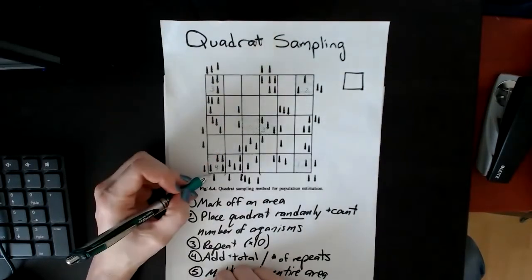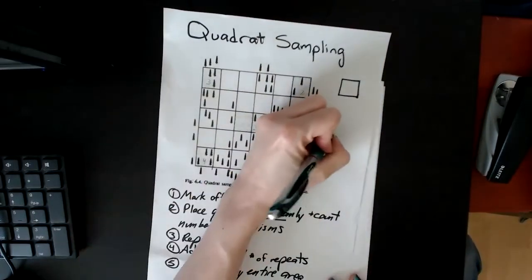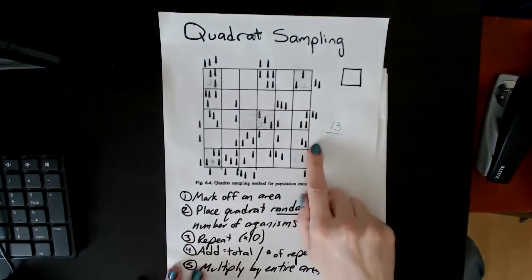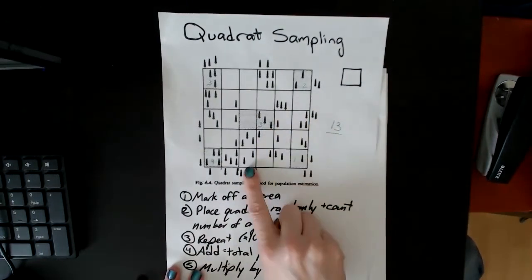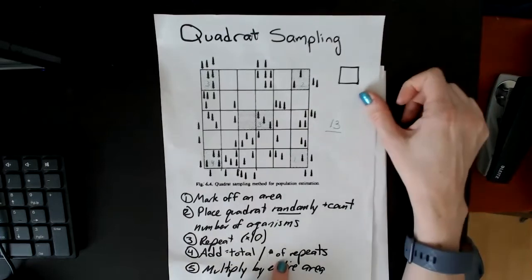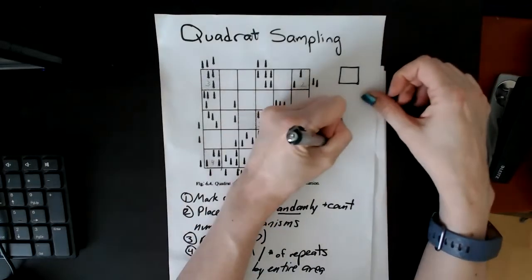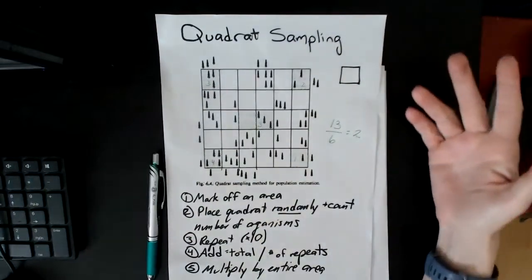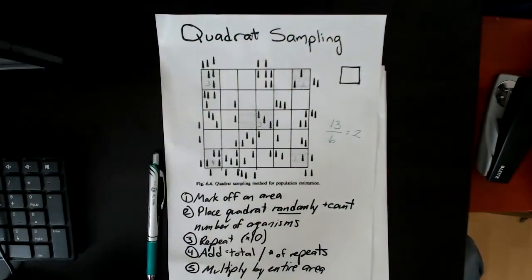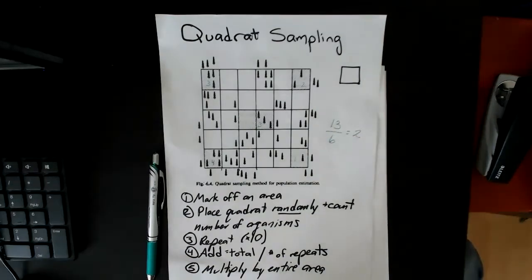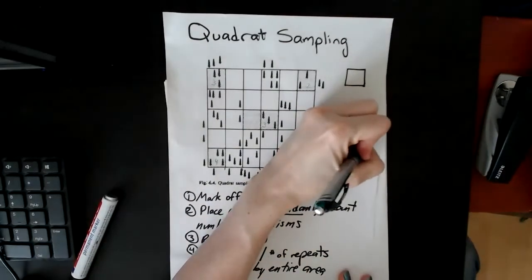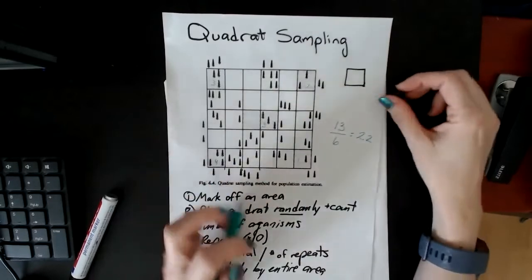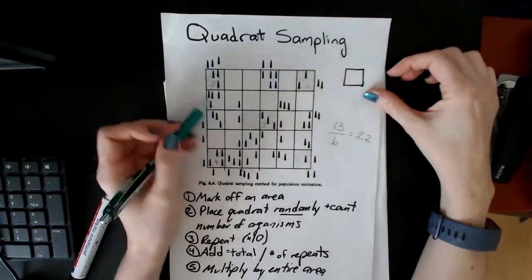So that's 5, 8, 12, 13. So I have a total of 13. That's how many trees I counted here. And then I divide by the number of repeats. This was done 6 times. So 13 divided by 6, that's going to be 2 point something. We'll call it 2.2. So on average, there are 2.2 trees in every square meter of this.